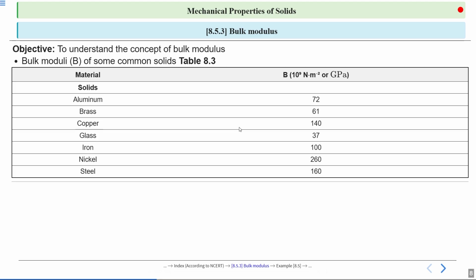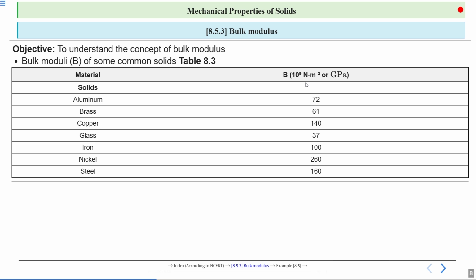Bulk modulus here for several solids is measured in units of 10 to the power of 9 newtons per meter squared, also called gigapascals, GPa. Here capital G means giga and Pa is the unit pascal. For example, aluminium has a bulk modulus of 72, or we can say 72 times 10 raised to the power 9 newton per meter square.